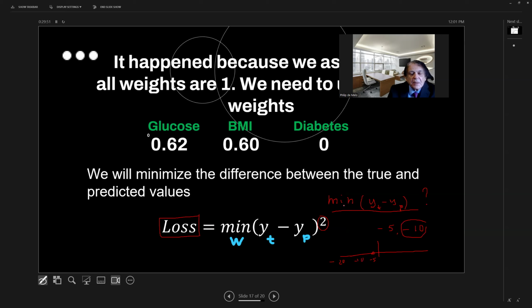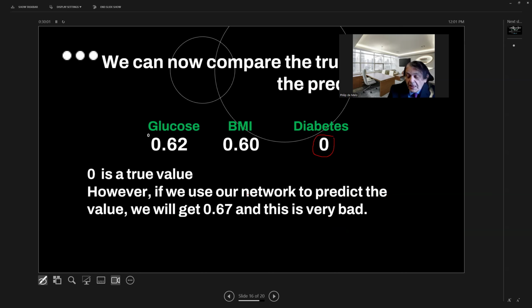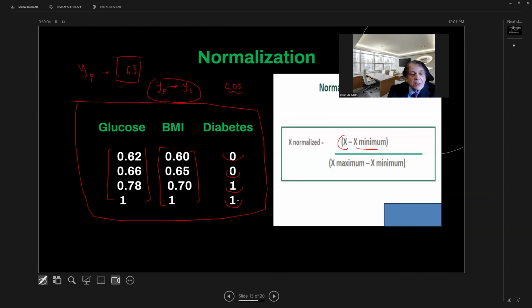We will find the parameters W and bias so that YT becomes YP, and we will be very happy to see how we start with a first approximation, first iteration, with W equal to 1, but then after this algorithm that minimizes the loss function, we come very, very close to 0, 0, 1, 1.